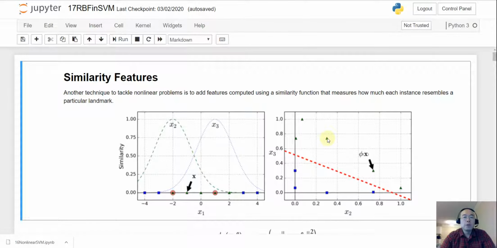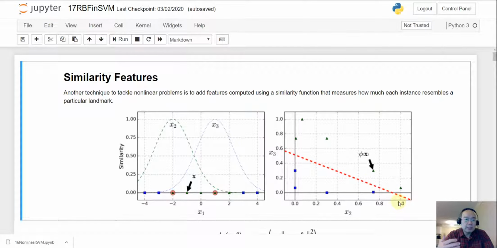This means we are 100% throwing away the original feature x. Instead, we are using the distances to the two Gaussian curves as x2 and x3, using them as the x and y axes. And now we can say, okay, we find a linear cut or a linear boundary, right?